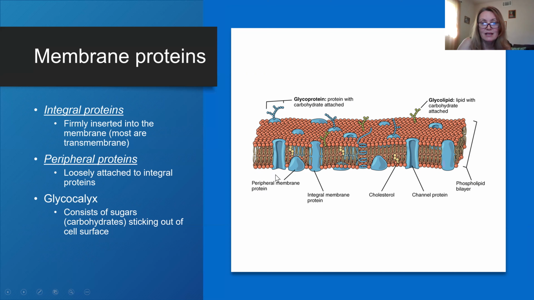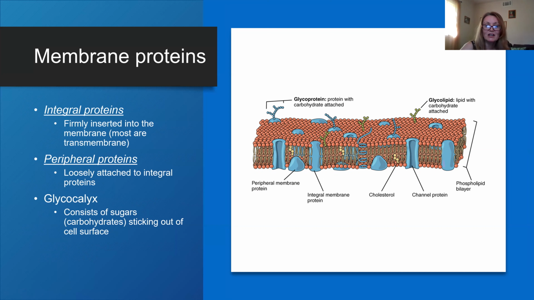That means they go through the whole bilayer, and that's why we call it transmembrane. And those proteins are usually channels, because they form this channel and allow molecules and ions to move through them, right? So those are integral and transmembrane proteins.